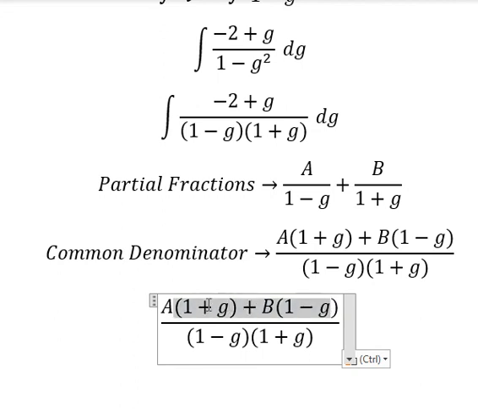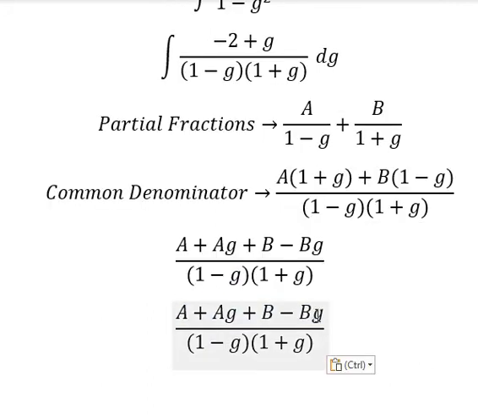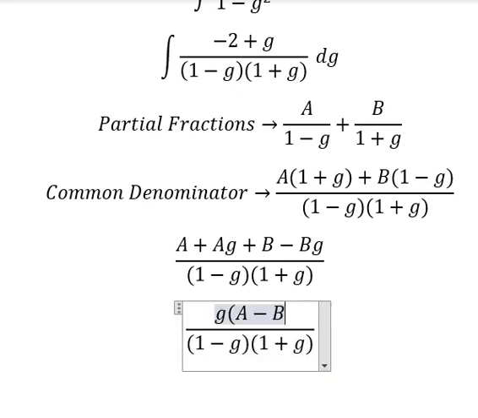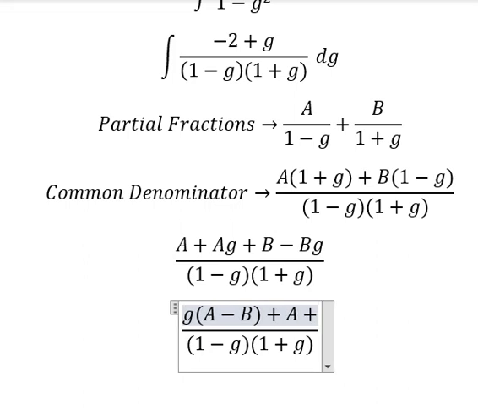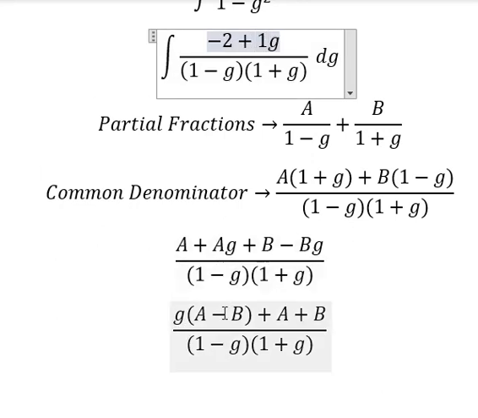Now, we need to expand. Next, we need to arrange based on the terms of z. Now we need to compare coefficients. About z, we have positive number 1 in here. So a minus b equals to number 1.